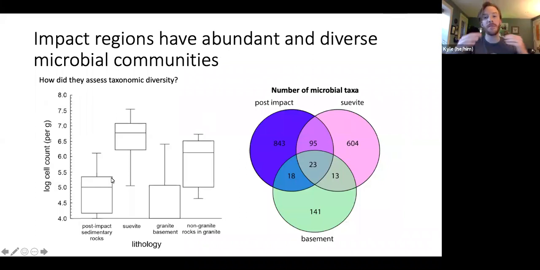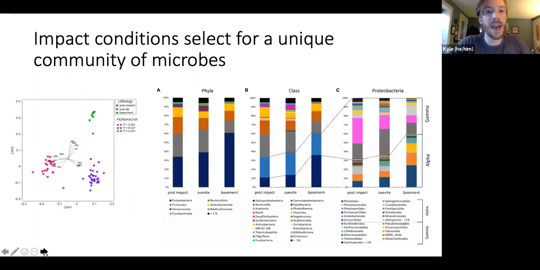Okay, so they had this evidence that this particular structure and characteristics of these minerals and rocks beneath the impact are paving the way for these unique microbial communities. And they do a bit more analysis on the 16S results, and they look at are these communities really unique?